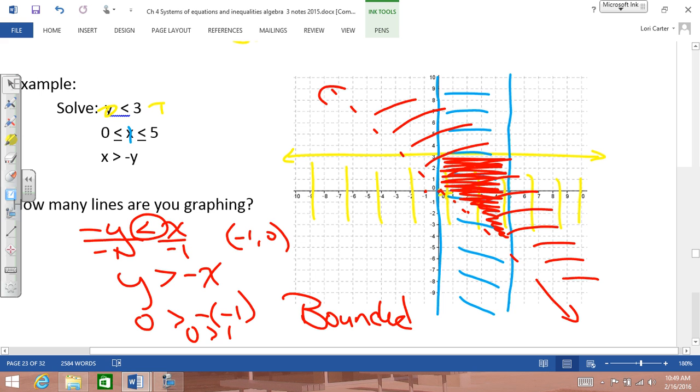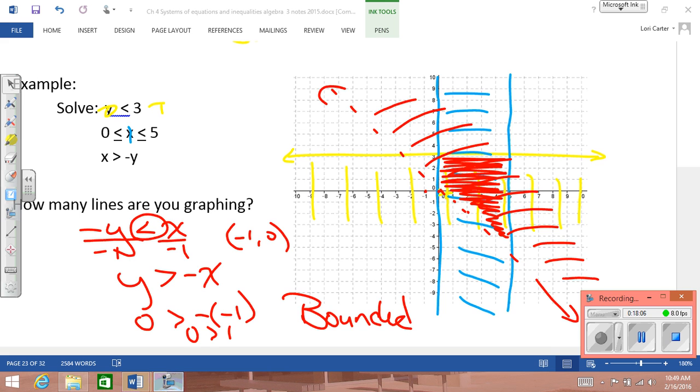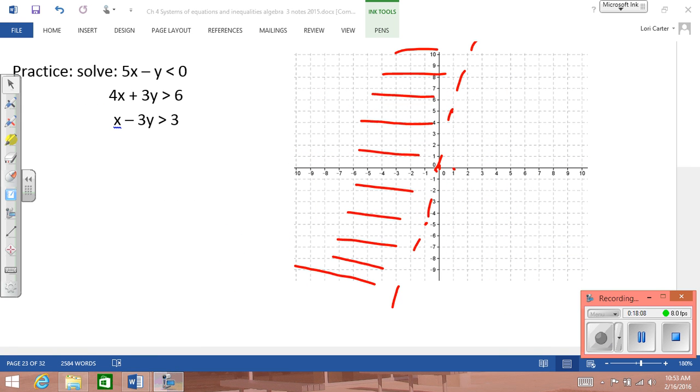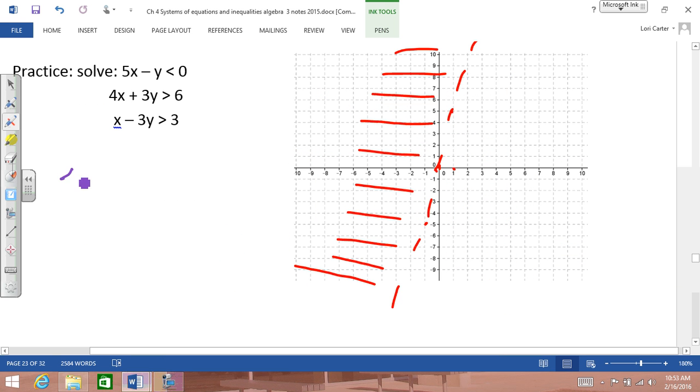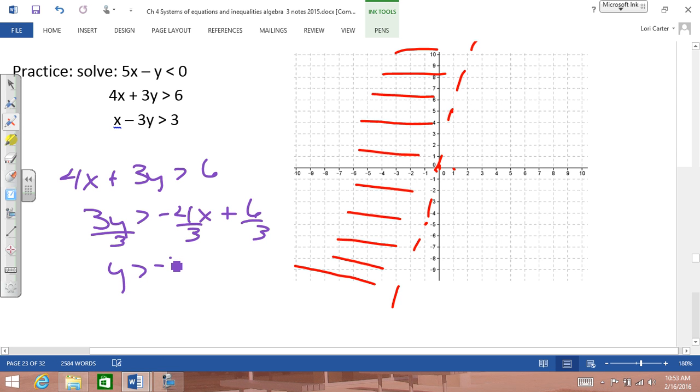Okay, you have to practice. This is a cakewalk. Okay, second line. What did you do? How did you graph it?